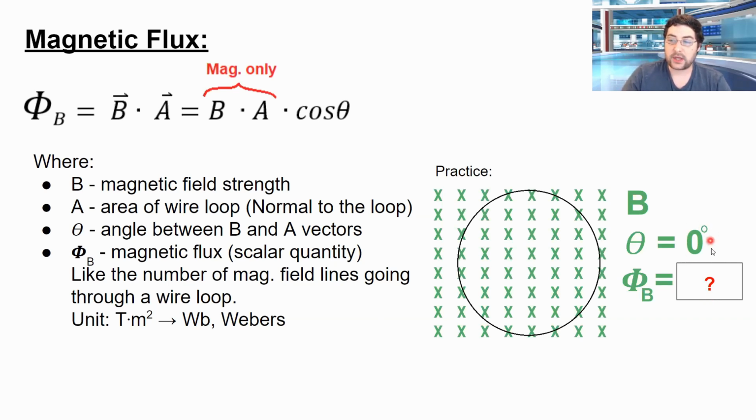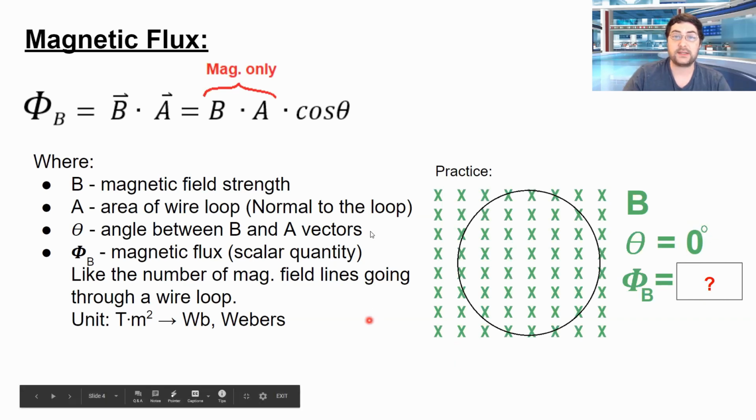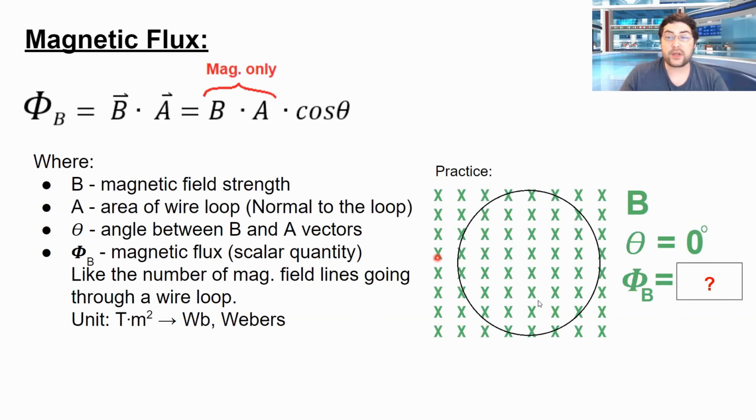So if we look here, we can determine that theta is going to be 0 degrees to the normal. So again, here's the iron ring, and these can be our magnetic field lines, okay? So from your perspective, the magnetic field lines would be pointing in this direction through the iron ring, okay?